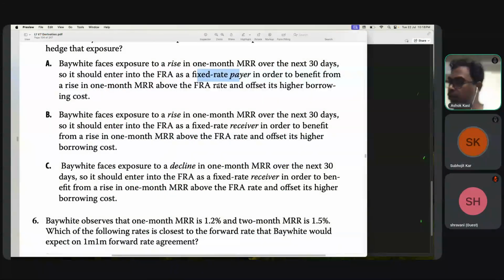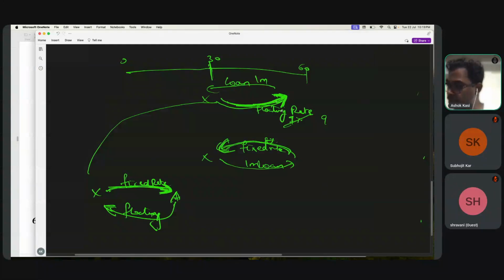Fixed rate payer, in order to benefit from a rise in MRR above the FRA rate and offset its higher borrowing. So yeah, in order to get the benefit, means if this interest goes up to, let's say, 10 percentage, so they are getting 10, but they will pay some fixed rate. Say for example, they are paying let's say 7 percentage here.